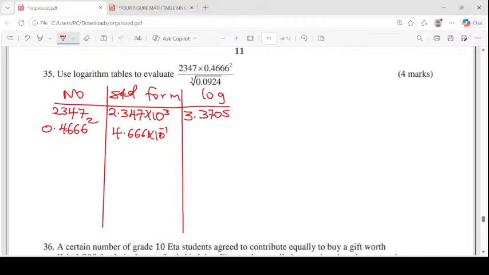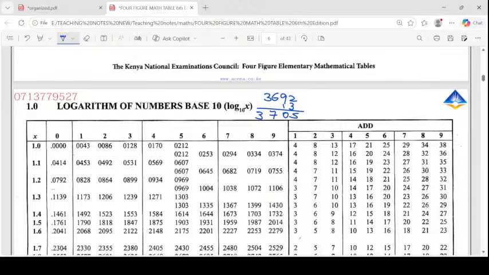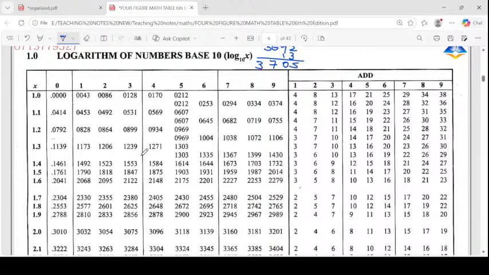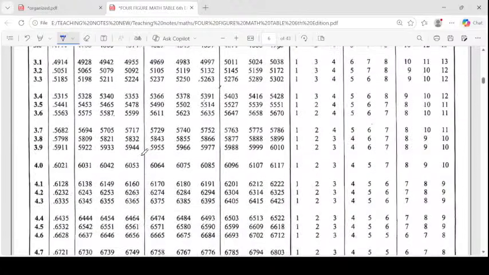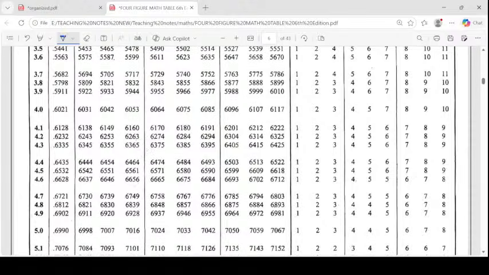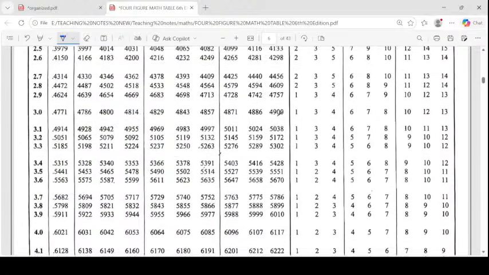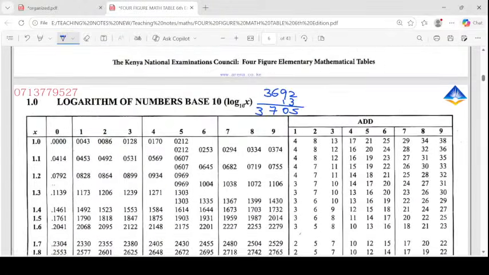Because it is negative 1, this one here will be bar 1. 4.666. Let's go. 4.6, then 6. 4.6 is here, then 6 is here. We have 6684.